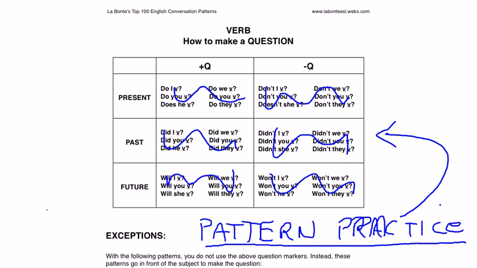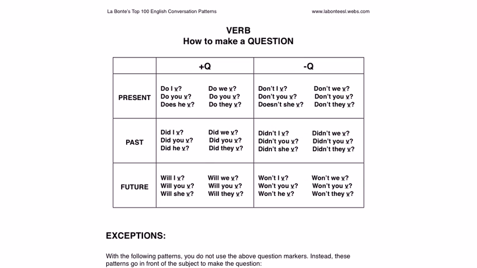So you can basically give them a verb and have them go through the do I, do you, does he, do we, do you, do they, depending on the verb tense and whether it's positive or negative. So at first you can give them the full view of what it's like, then you can show them a blank area in each of these quadrants and try to drill them to make sure their question making skills are up to par.